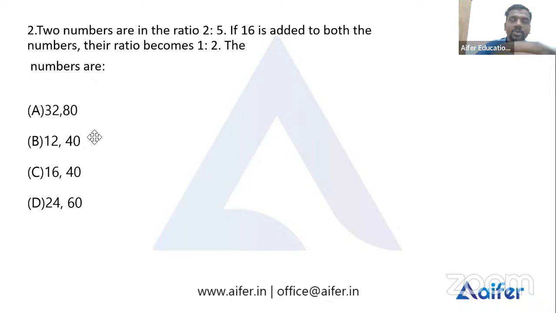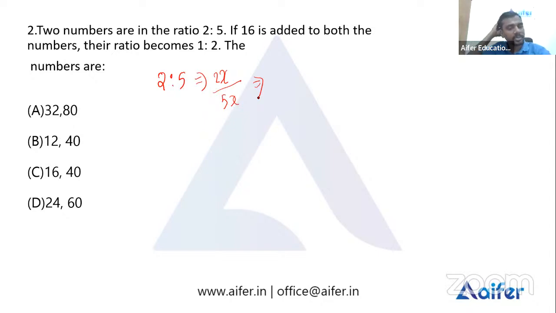So we have two numbers in the ratio 2:5, which can be written as 2x by 5x.